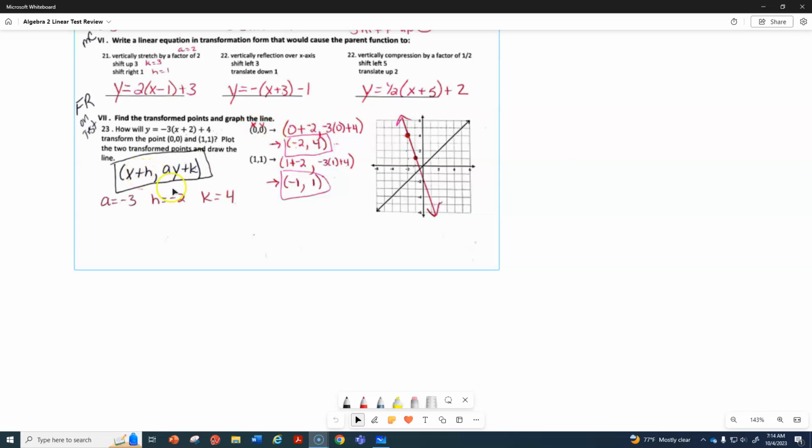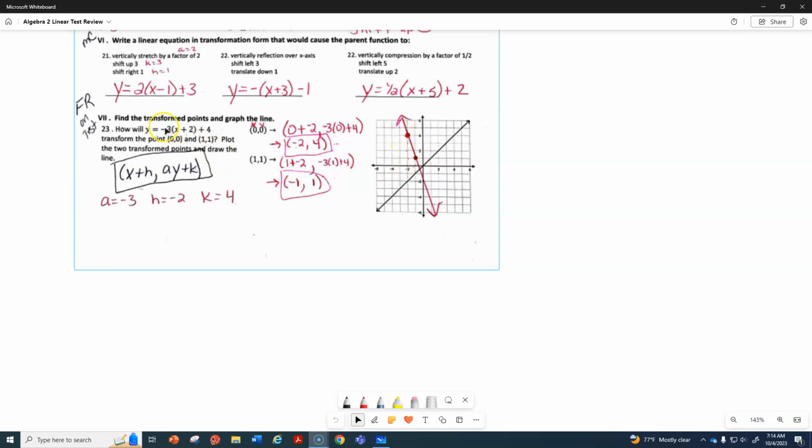The formula says plus, I'm plugging in a negative, so plus a negative we know is the same thing as 0 minus 2. We get -2, and then A times Y, so A times 0 is 0, 0 plus 4. So the point 0, 0 transforms to the point -2, +4.